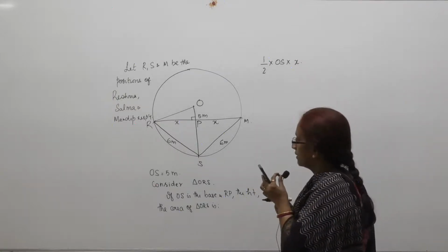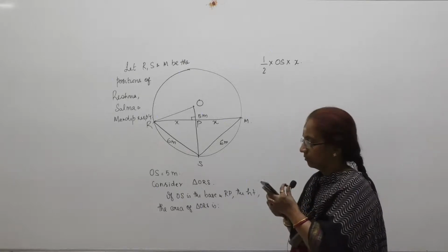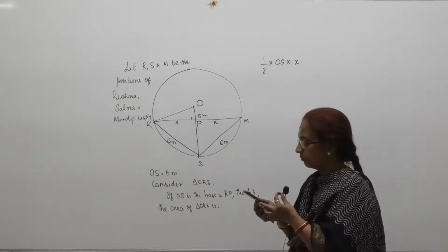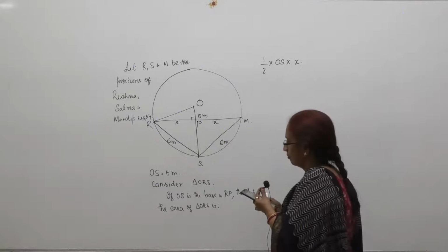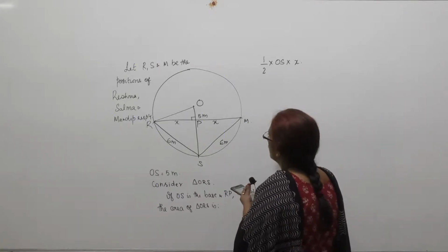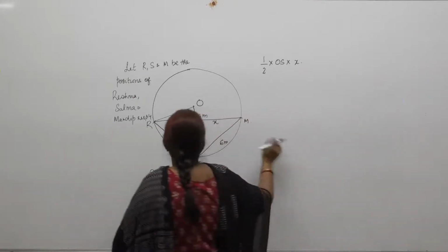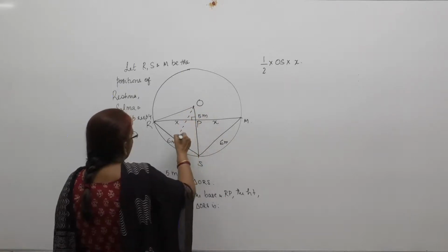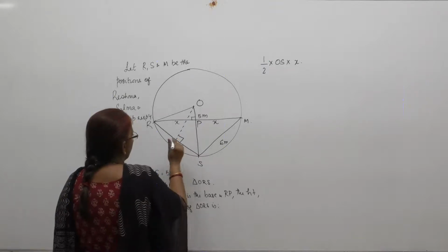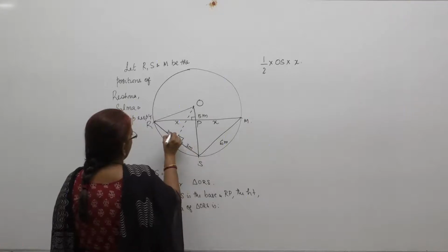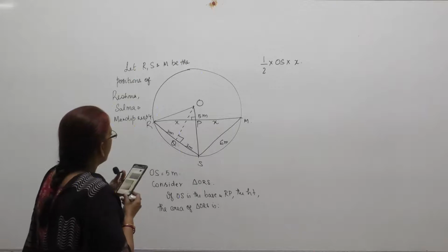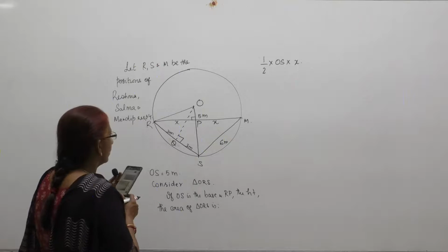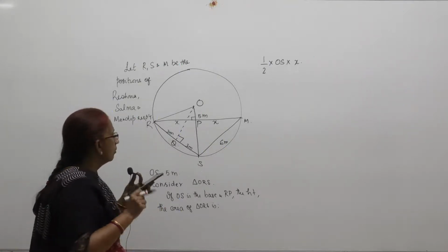So that will be the area of triangle ORS. Now if you consider RS as the base and OQ as the height, then the same triangle ORS will have area half into OQ into RS, right?